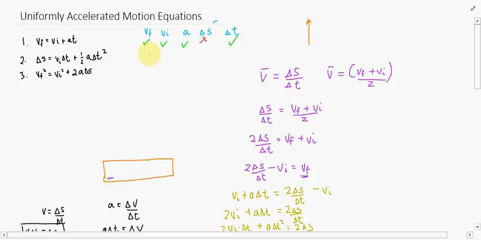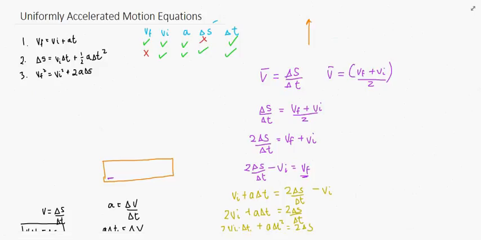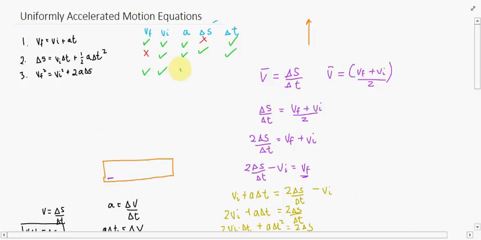It has a Vi, it has an a, it has a Δs, and it has a Δt, but it has no Vf. And if you look at the third one, again, it has a Vf in it, it has a Vi in it, it has an a in it, and it has Δs in it, but it doesn't have a Δt. Okay, so each one of the equations has something in it that the other ones don't have.